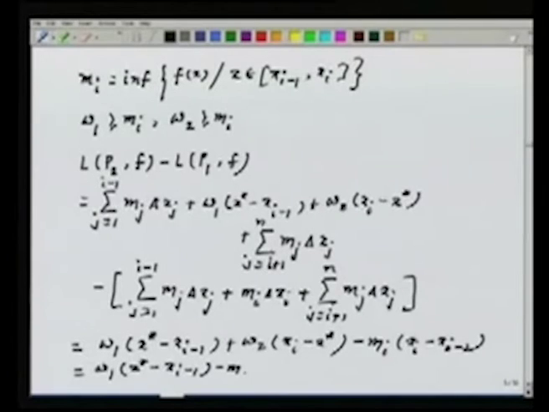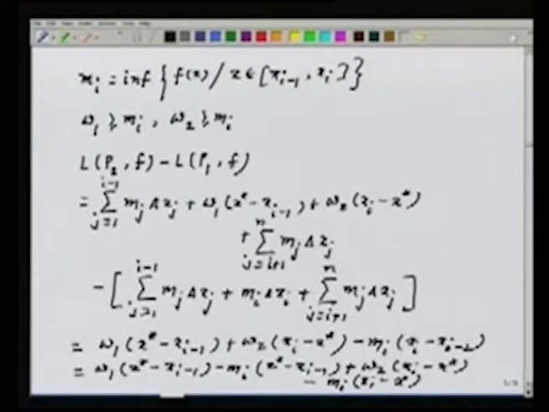minus mi times (x star minus xi minus 1) plus W2 times (xi minus x star) minus mi times (xi minus x star).